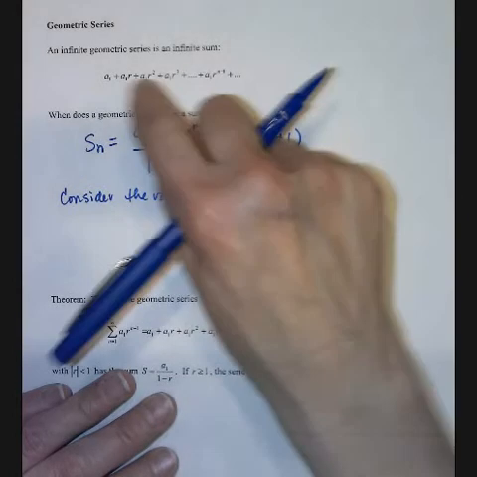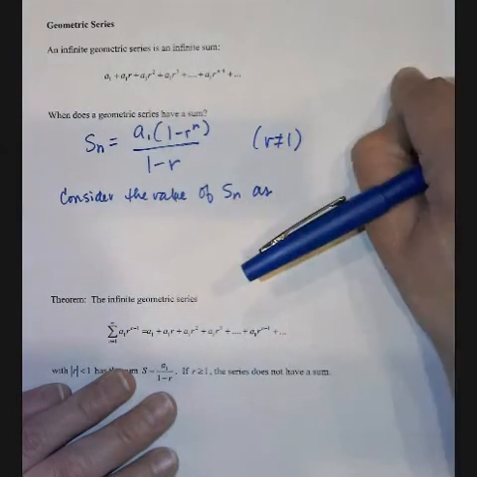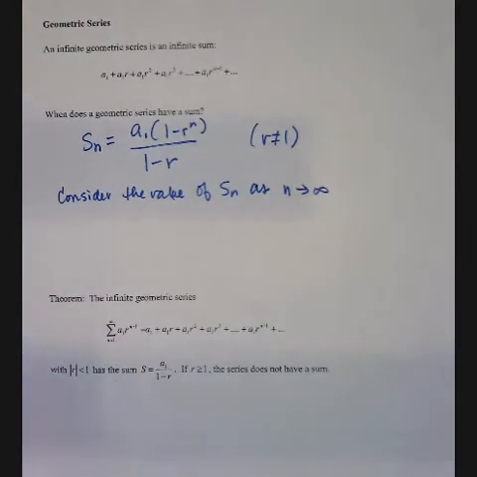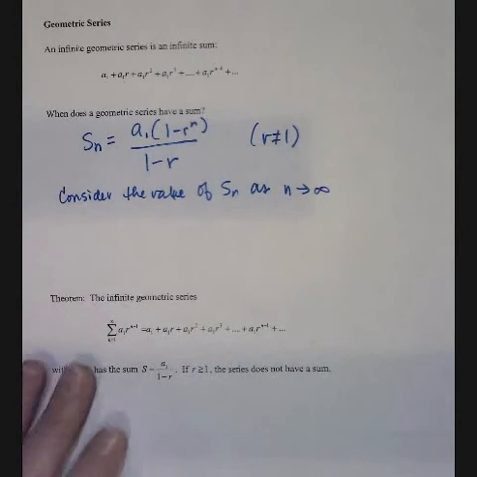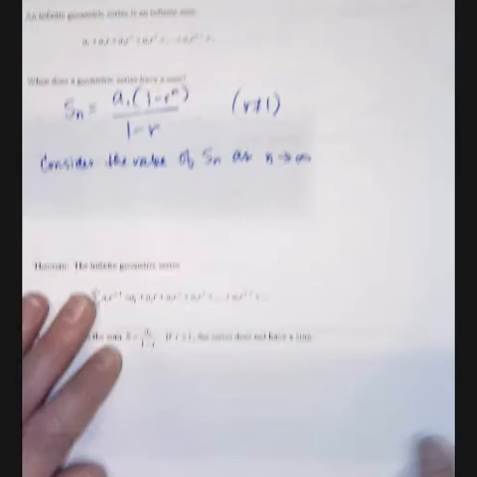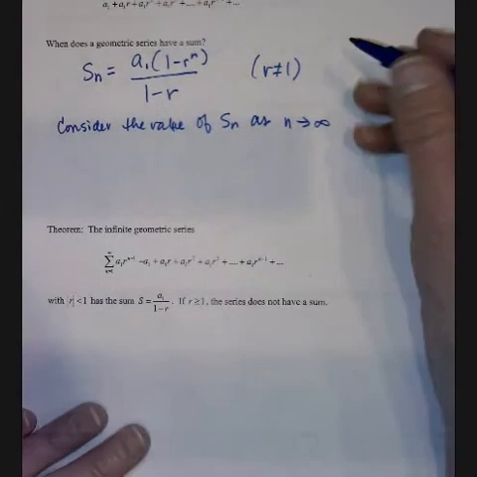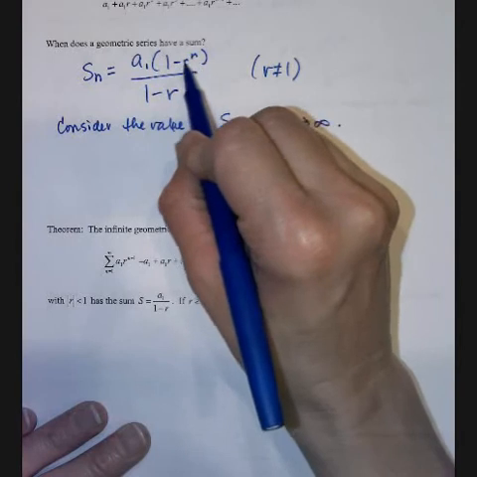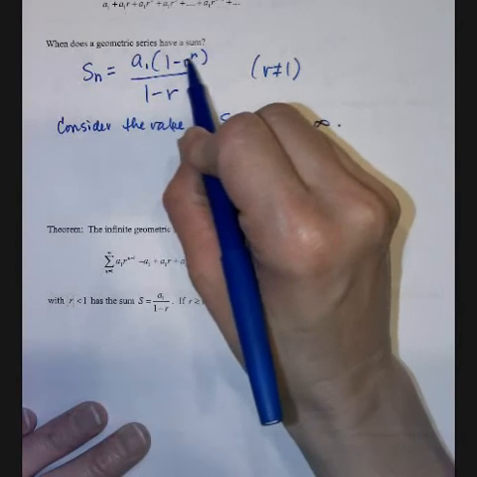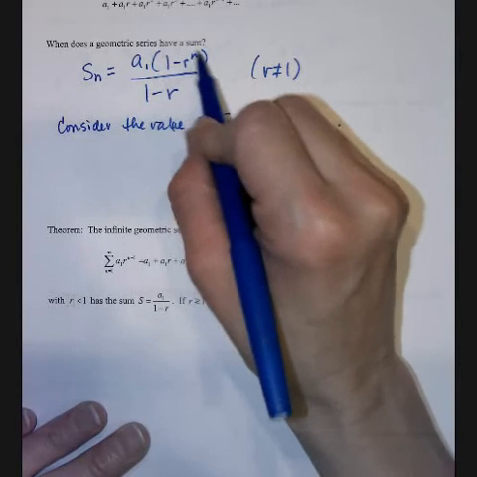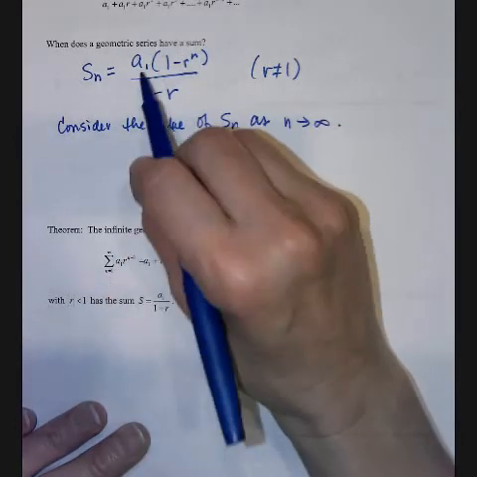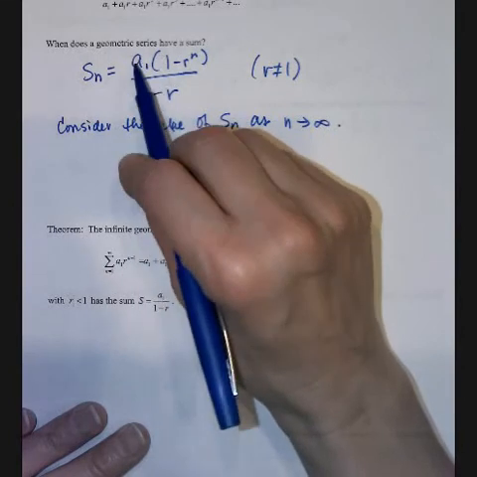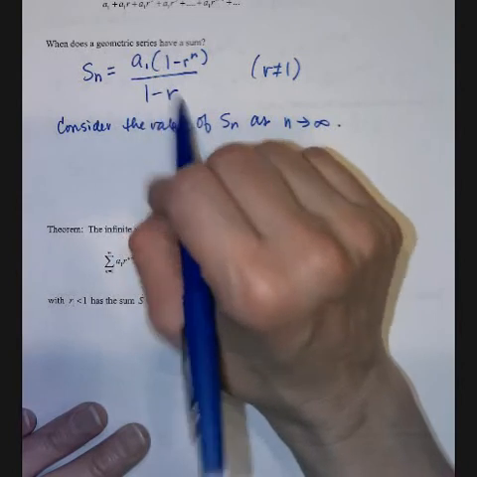As we let the number of terms tend to infinity, we want to let this become an infinite sum. So this r to the n here, if n is getting big, this is the part where things happen if n is getting large. The rest are constants, and while they can change depending on what a sub 1 and r are, for a certain series those would be constant.